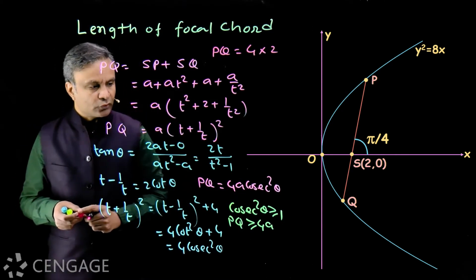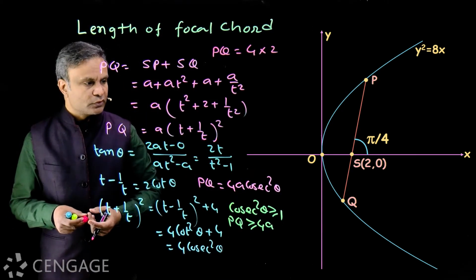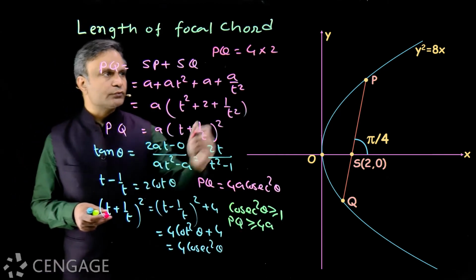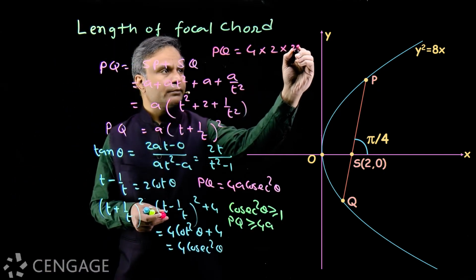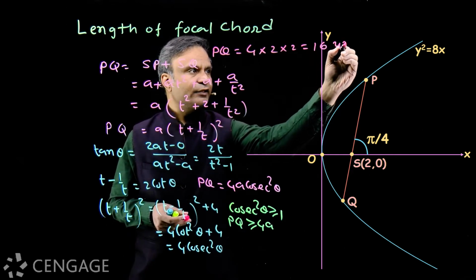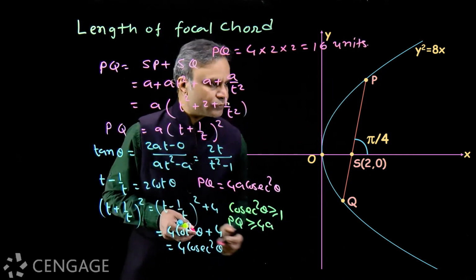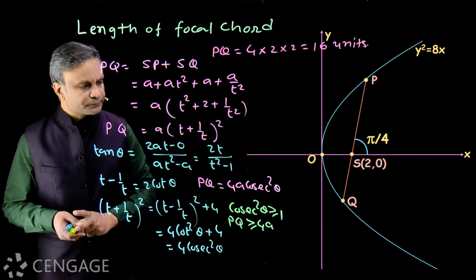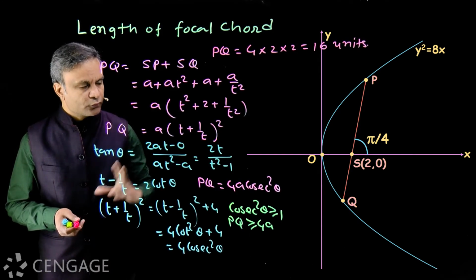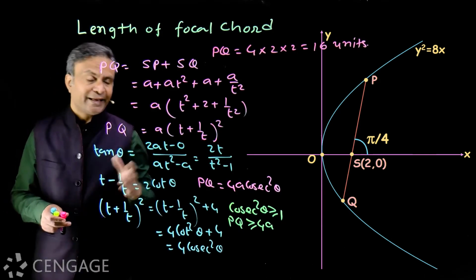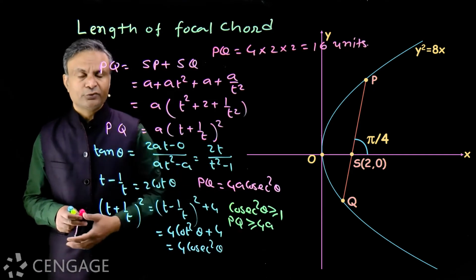Theta is pi by 4. Cosec pi by 4 is root 2. So cosec square pi by 4 is 2. So we have 4 multiplied by 2 multiplied by 2. This is 16 units. Okay. So length of focal chord is 16 units. जब फोकल कॉर्ड का इंक्लिनेशन गिवन है x एक्सिस के साथ, तो हम ये फॉर्मूला यूज कर सकते हैं, ठीक है ना?